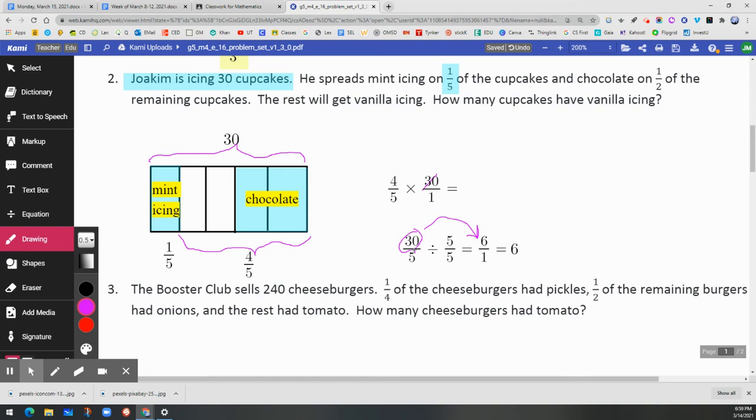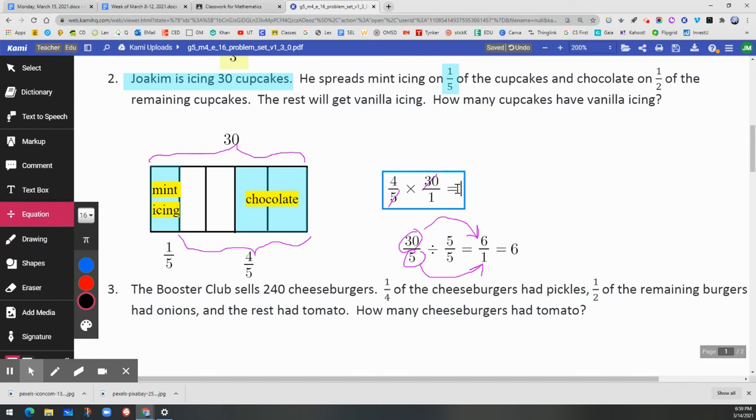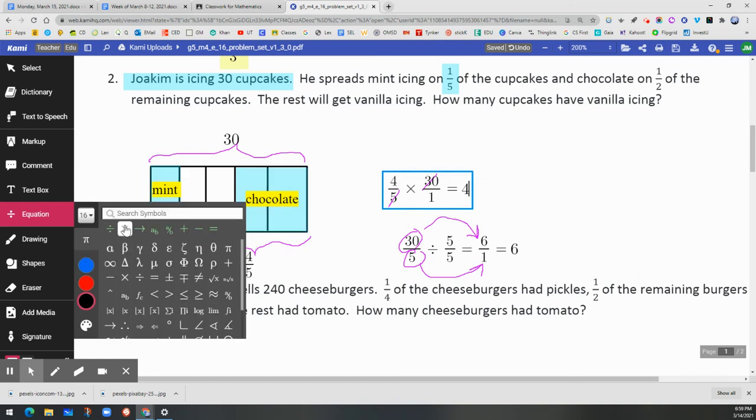And instead of the 5 as the denominator, we're going to write the 1. So these are crossed out because we replaced them. We reduced them to lowest terms. So we're going to rewrite that 4 times, I'm not writing the 30, I'm going to write the 6 that replaced it, okay?